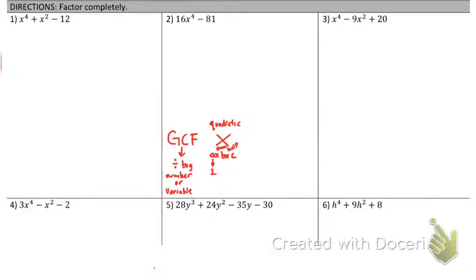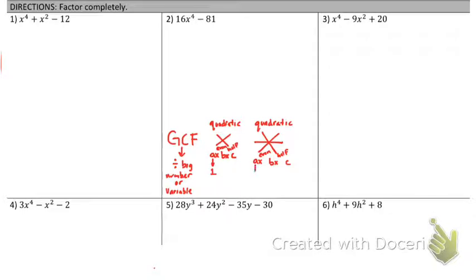The snowflake method is exactly the same thing. You need that quadratic pattern. When I talk about quadratic pattern, I'm talking about the powers. So we need our A, B, and C pattern: a variable to an even power, a second term, our B term, that is half that power, and then a constant, a number without a variable.